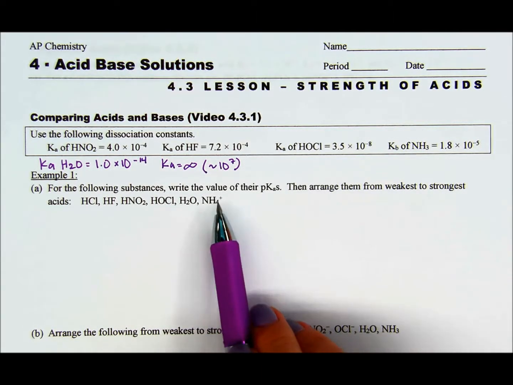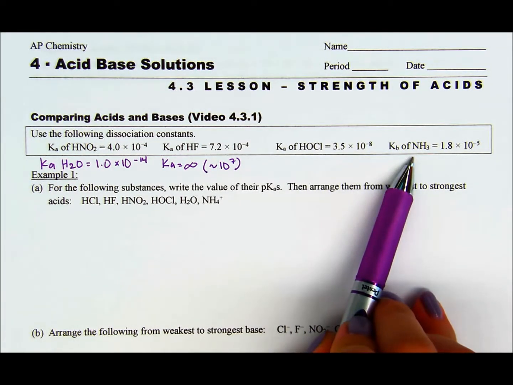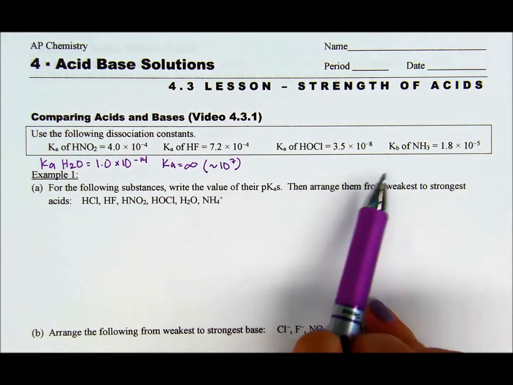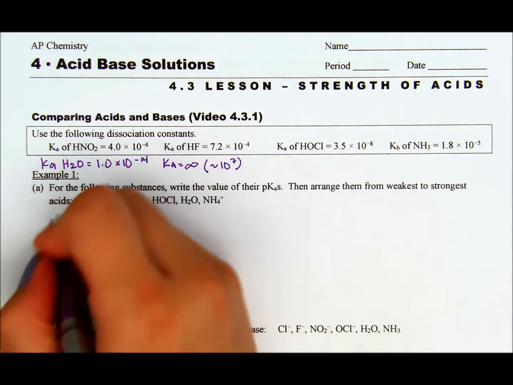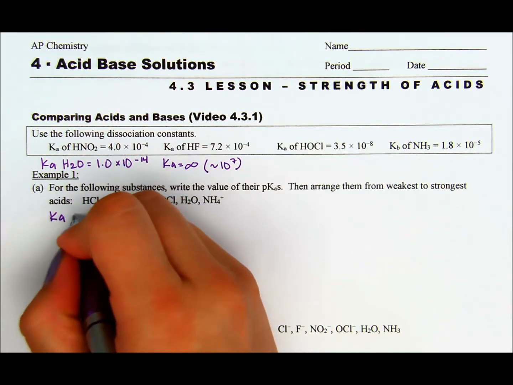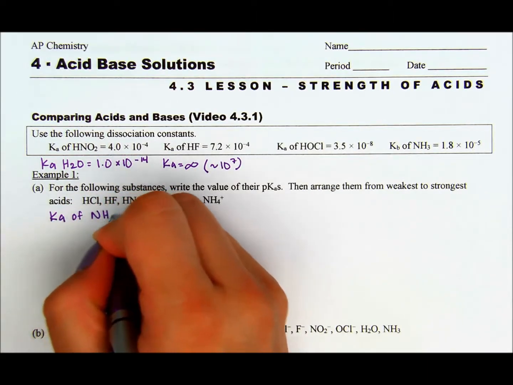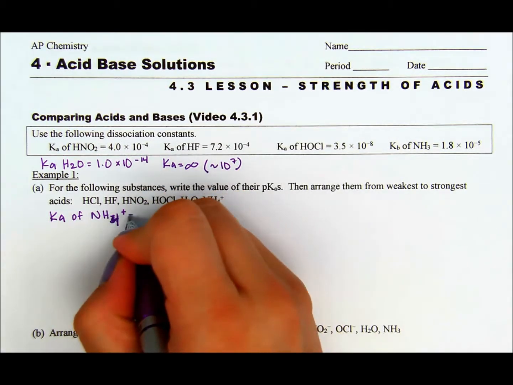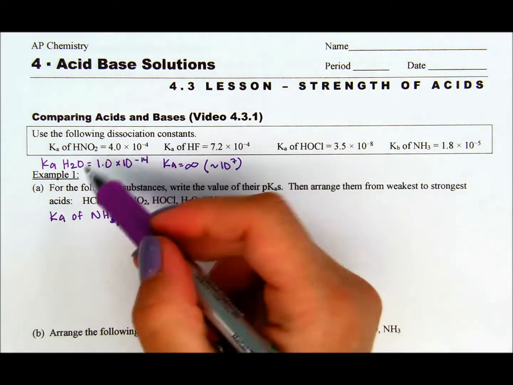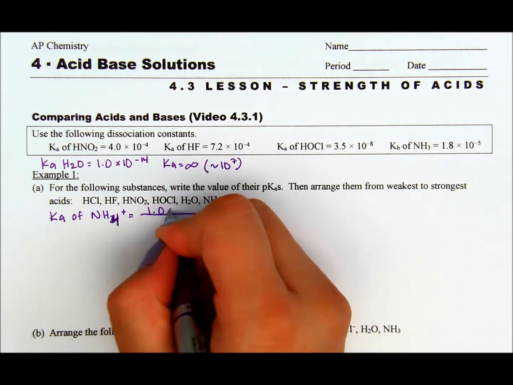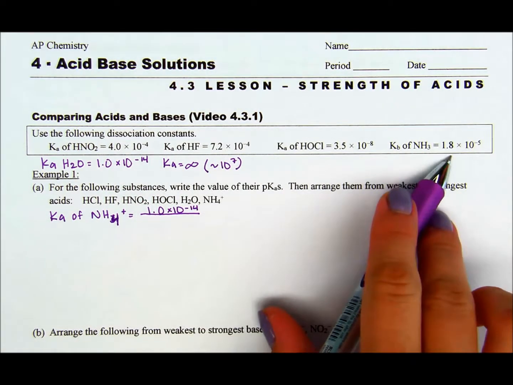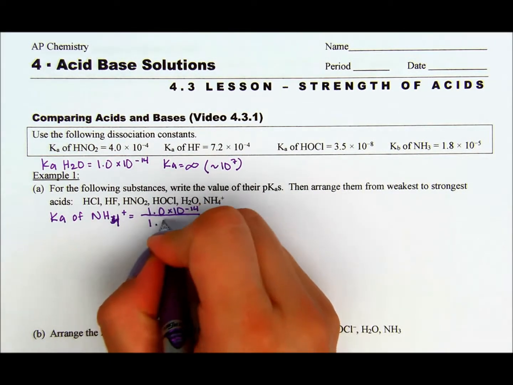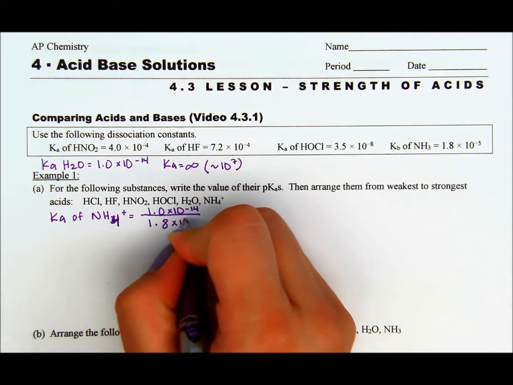For NH4, that is going to be the conjugate acid of the ammonia base, so the ammonium conjugate acid of the ammonia base. So we can go ahead and just find that here. Our Ka of ammonium, NH4 plus, equals Kw, or Ka of water, 1.0 times 10 to the negative 14, over the Kb, which is right here, 1.8 times 10 to the negative 5.